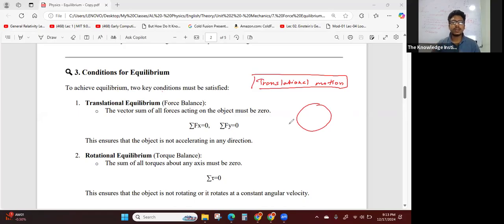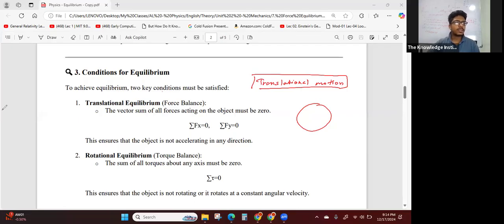For example, if I rotate this freely, it will rotate about the center of mass. So if it's purely rotation, the position of the center of mass does not change. But if it has a translational motion also, that means while it is rotating, it moves, then there will be a movement in the center of mass.